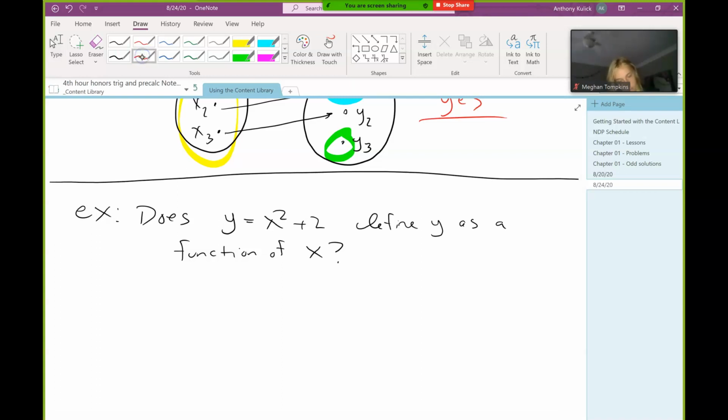Okay. So another way to describe a function or relation is with an equation like this. So let's look at an example. Does y equals x squared define y as a function of x?